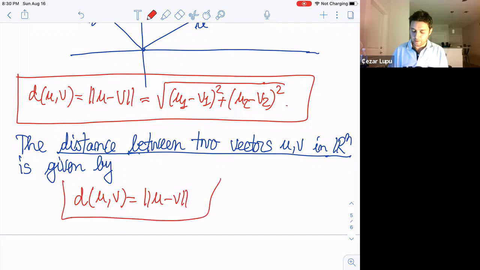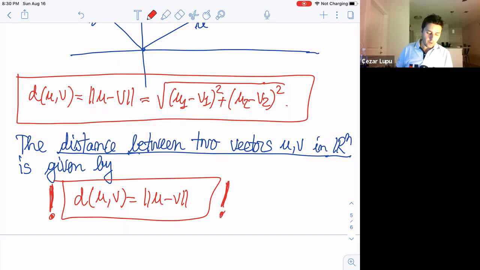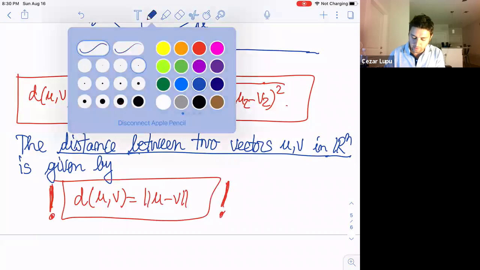That's it. We can generalize this formula to vectors in Rn, it is the same story. And now let's see some properties of this distance. This distance has the following properties.